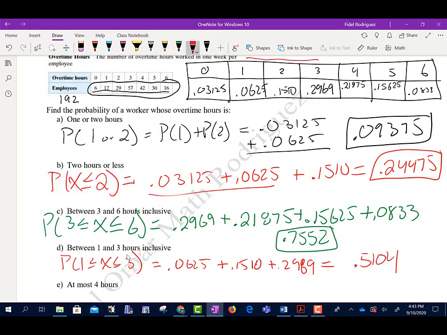Okay. And then it says at most 4 hours. So what do we think at most 4 hours means, right? At most 4 hours means 4 hours or less. So it's going to be those 4 right there, okay? So if you notice on the problem that we just did, these three right here, right?